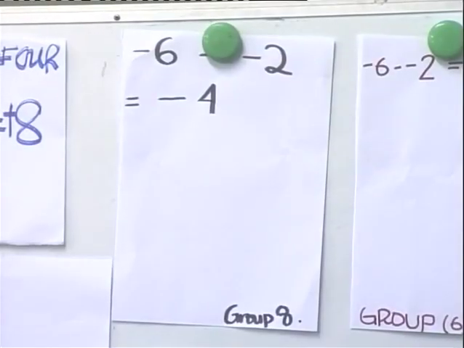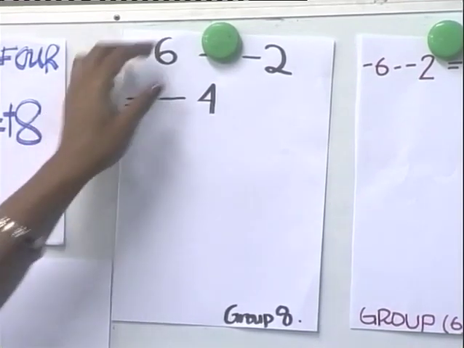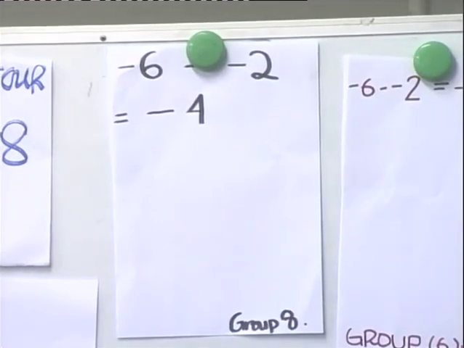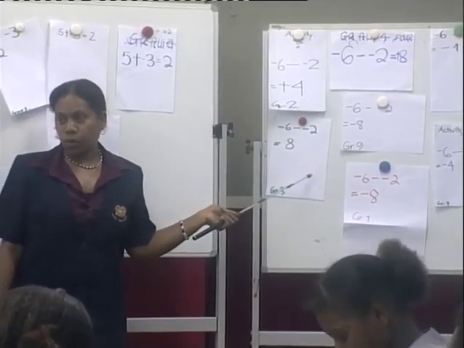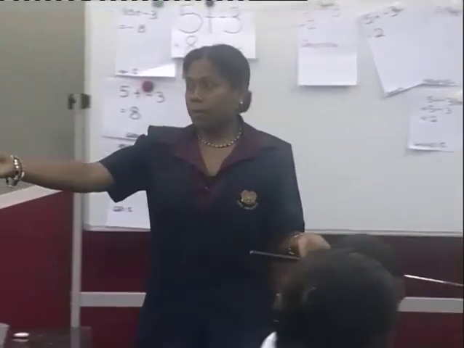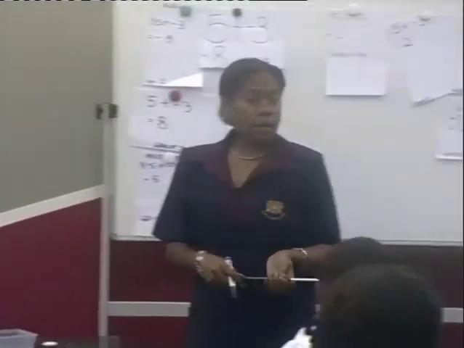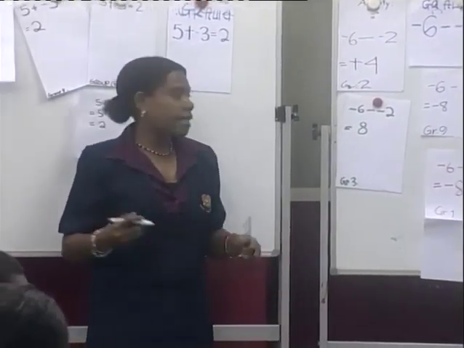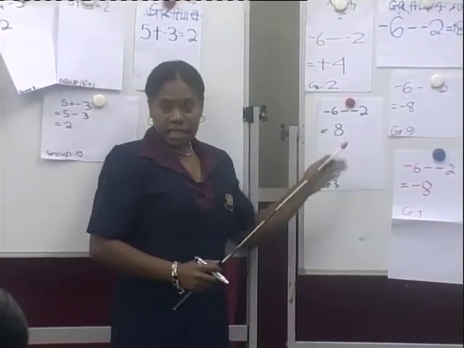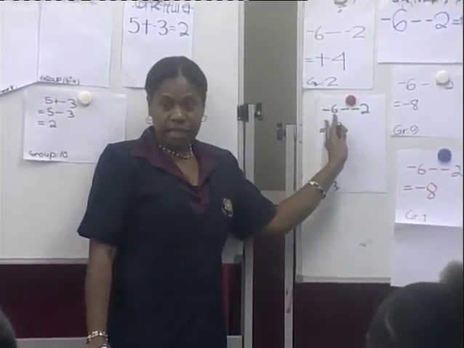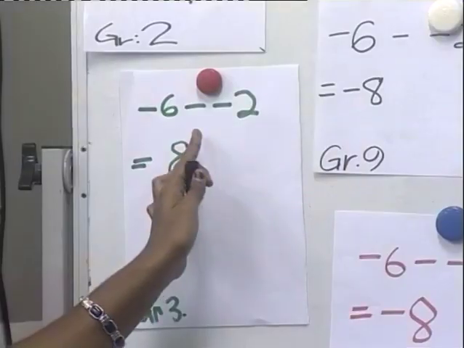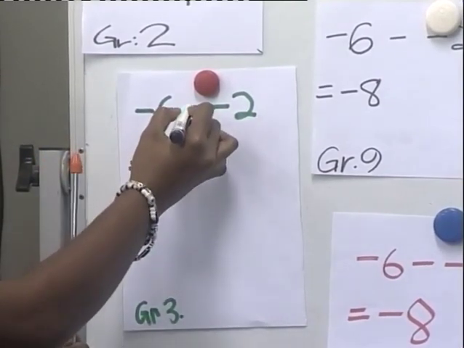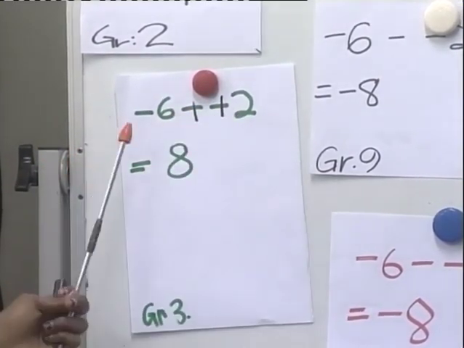Okay, let's have a look at this. Negative 6 take away negative 2. All right, the rule, like what this group said: when you are subtracting a negative number, what do you do? You add its opposite. You leave the first number as it is and add the opposite of this number, so it will be plus.